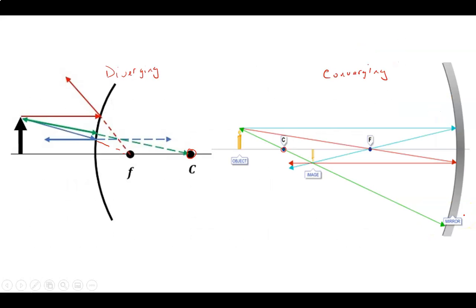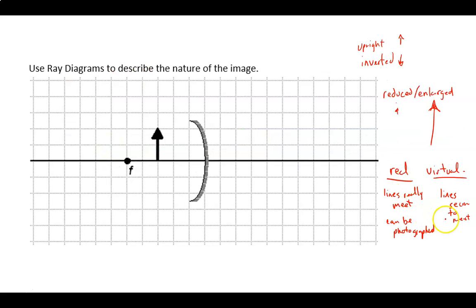Now, if we take a look at this previous one, in the diverging case here, the light rays came, we wind up with this image here, but it would be virtual. We could not photograph that. It can be seen, but it can't actually be photographed.